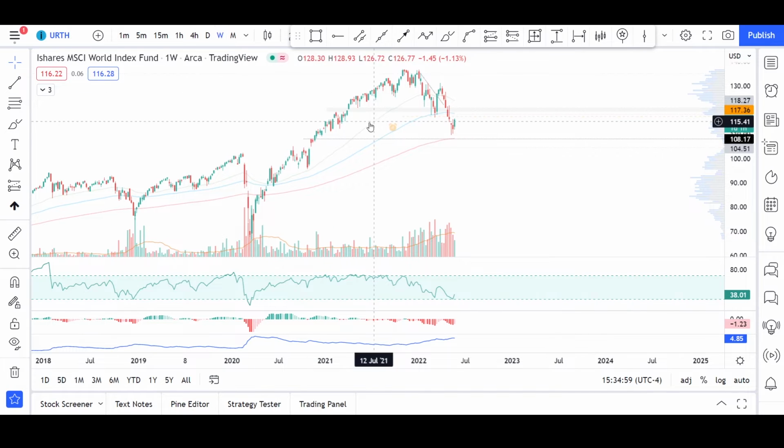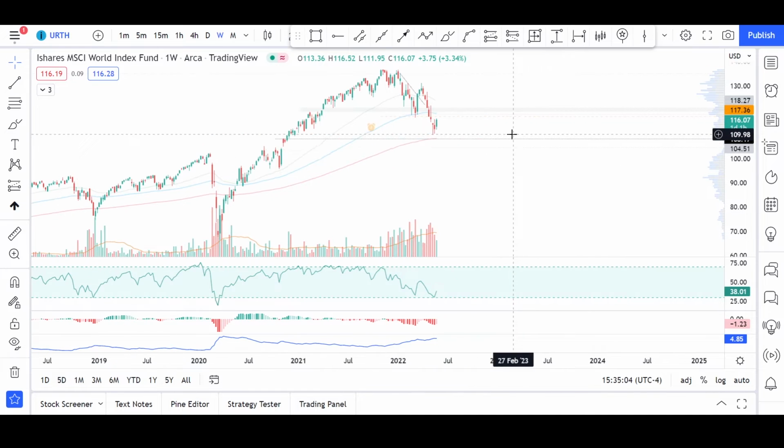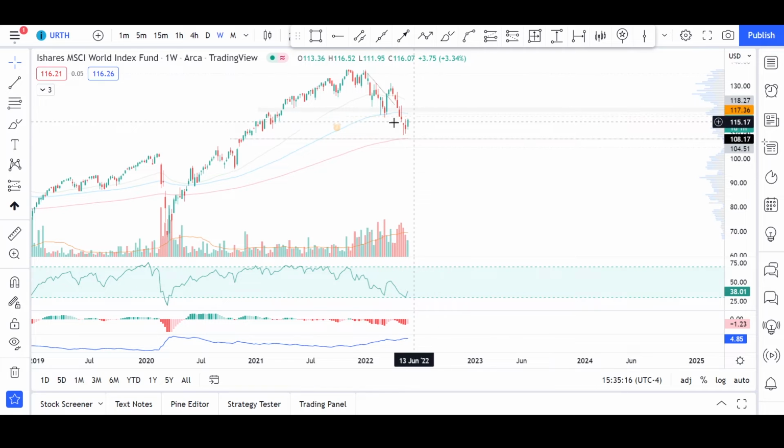And finally, the iShares MSCI World Index Fund is pointing out that we are still at the levels seen right after the pandemic broke out. So we are defending levels of 109, 110, and right now getting back to the resistance that should be seen at 120.